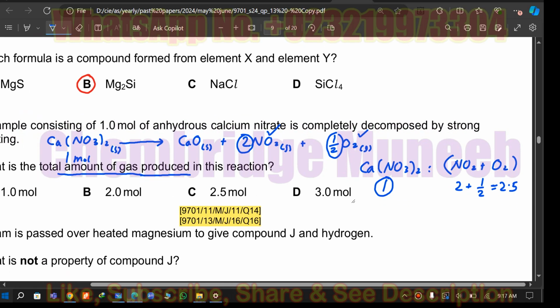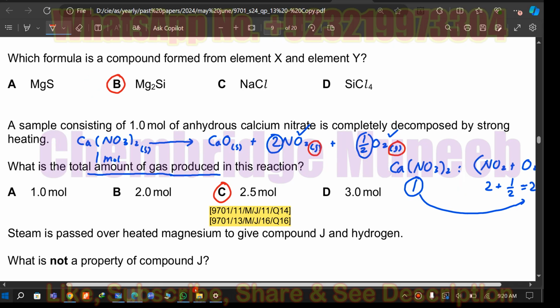So we do not need to do any further calculation, and that's our relation of the ratios. So there will be 2.5 moles of both products combined, because these two are the gases. We needed to find the values of these gases.